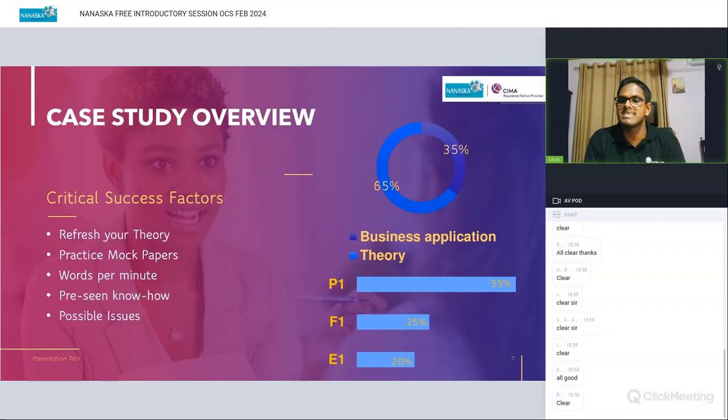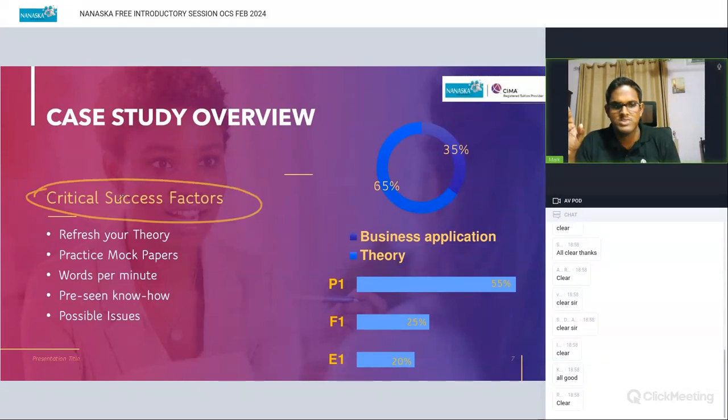Then we come to a case study overview, which is an operational case study overview. As I told you, the critical success factors for you to pass this exam are, first, your theory. Why do I say theory? Can you see here? 65% of the questions you get.